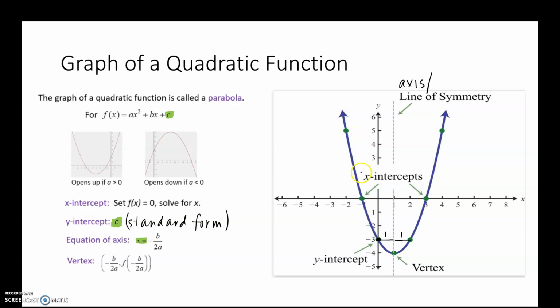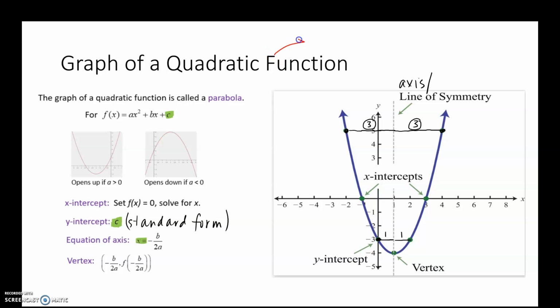And likewise, if I look up here at this point, so this point here is at -2. This point here is 1, 2, 3 units away from my axis of symmetry. So that means I need to have a point 1, 2, 3 units away on the other side of the axis of symmetry. So it gives me a lot of information to be able to graph these.